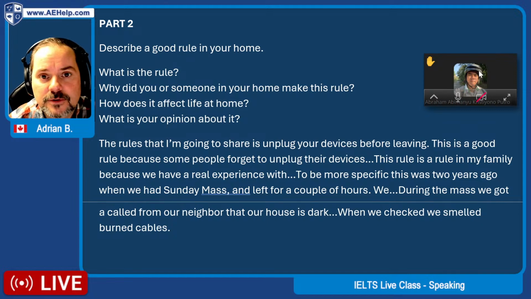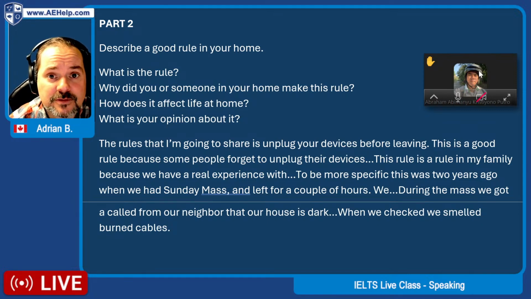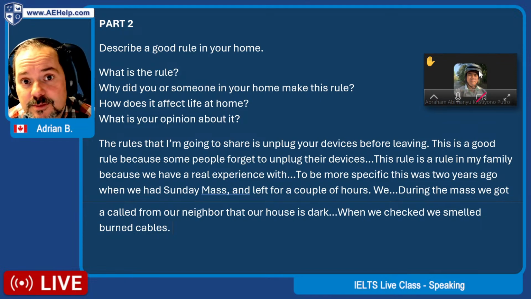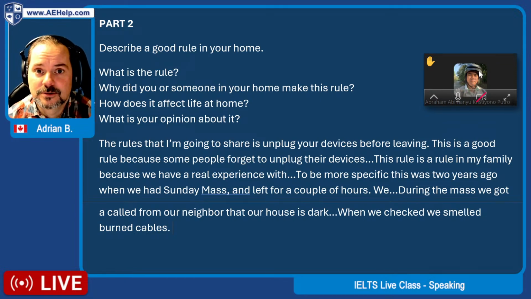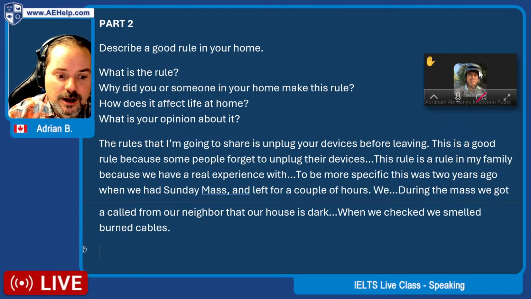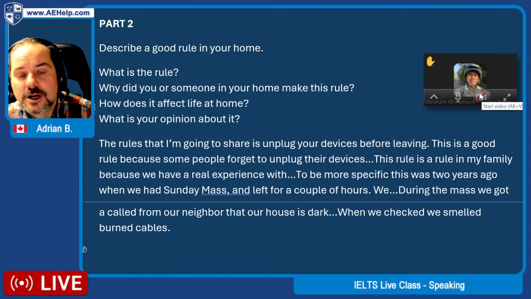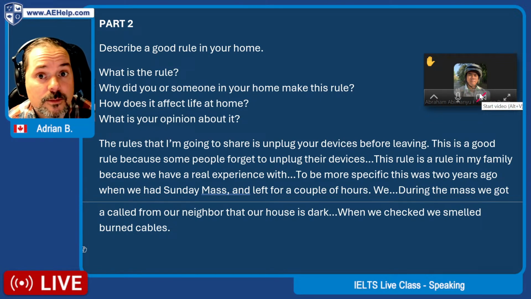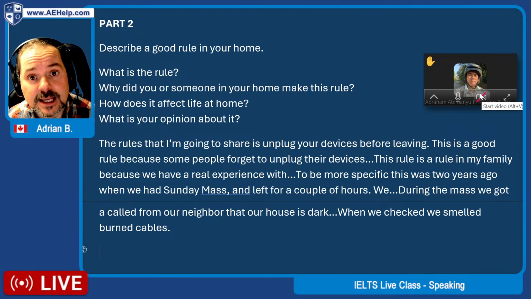So the reason for this rule is 2 years ago, a house fire started while we were at Sunday Mass because we left our devices plugged in. That's it. So you went into too much explanation there. Then you need to talk more about what is needed. So these days, before we leave the home, we have to check and make sure that all of the devices are unplugged.